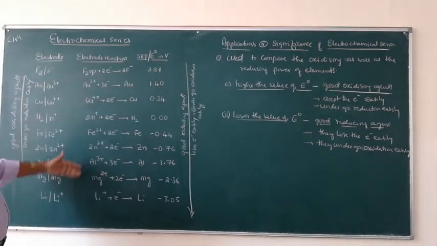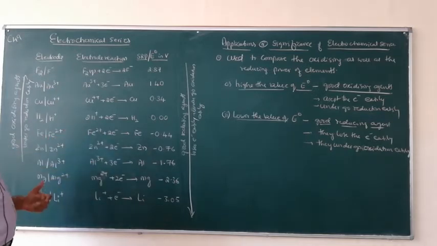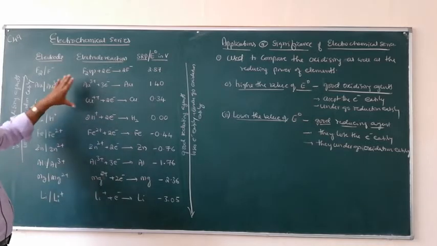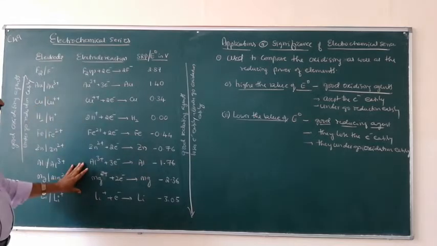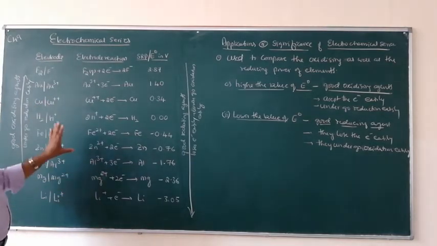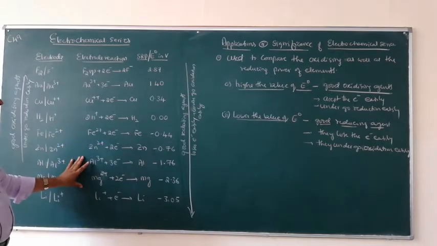So the E naught values are used to compare whether they are good oxidizing agents or good reducing agents. Higher the value of E naught, they are good oxidizing agents. Lower the value of E naught, they are good reducing agents. Lower the value, they undergo oxidation easily.